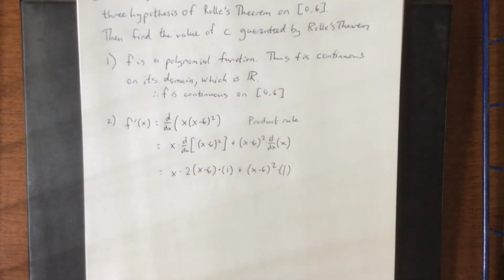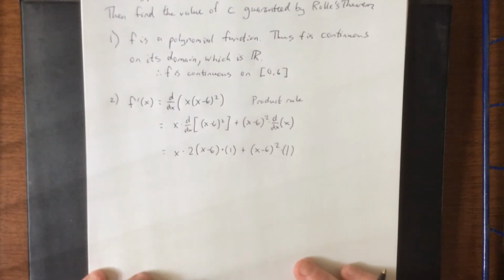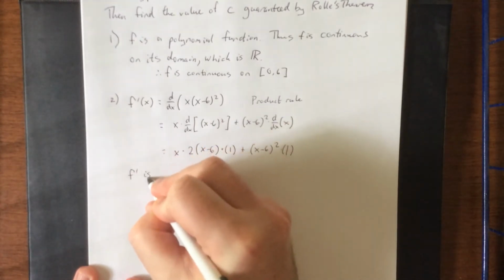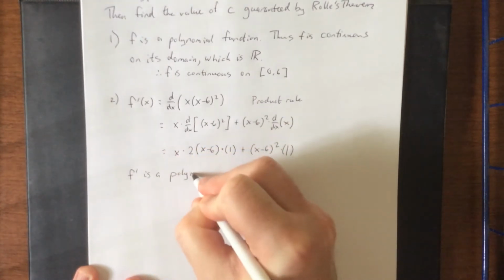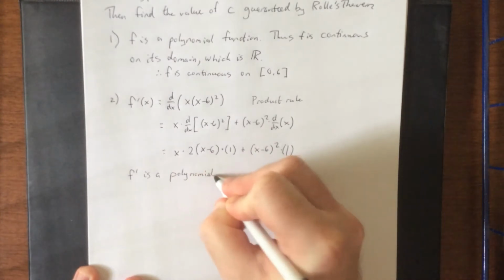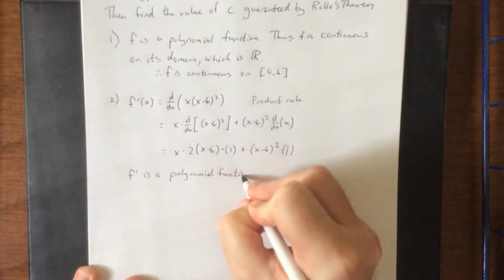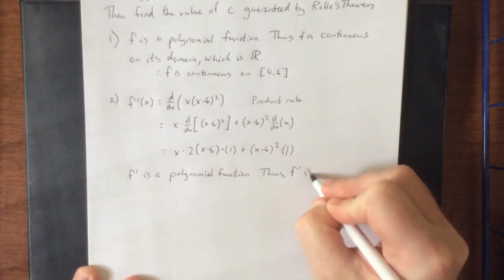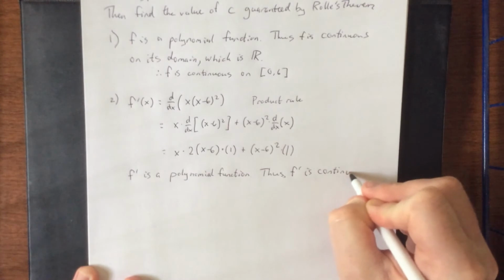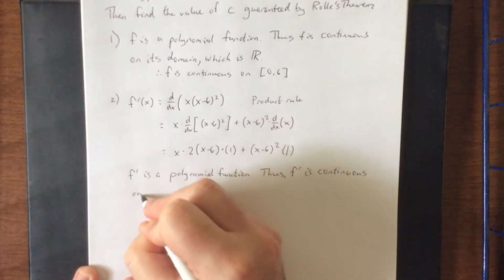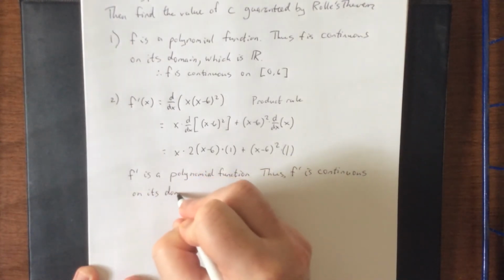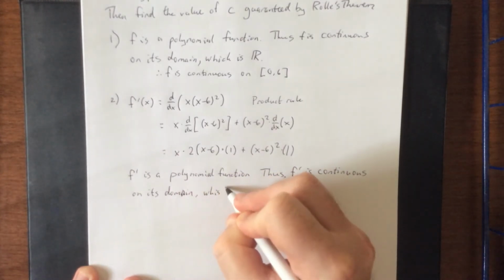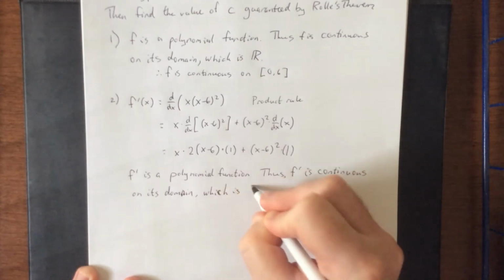Now, in its current form, we have enough information to conclude what kind of function this is. So we can point out f prime is a polynomial function. Thus, f prime is continuous on its domain, which is all real numbers.